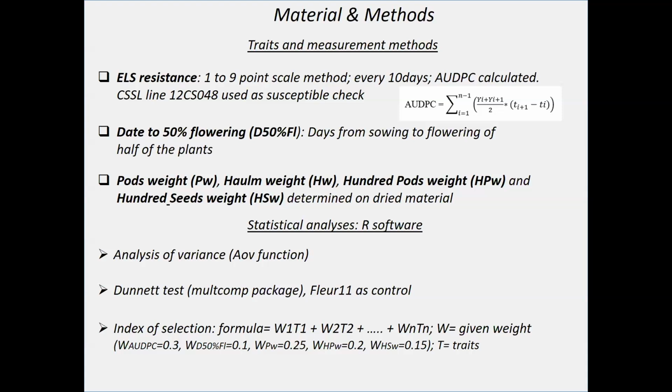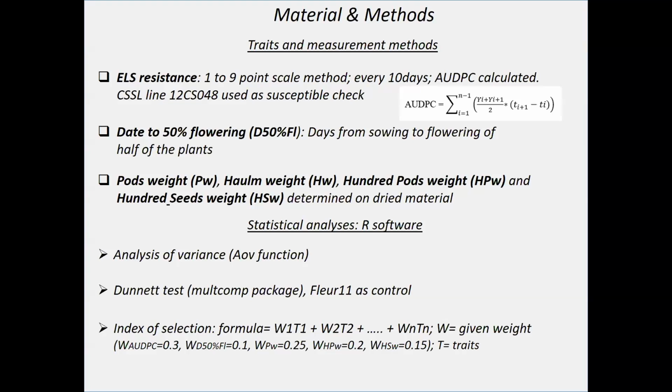Another parameter collected was days to 50% flowering, by counting the number of days from sowing to flowering of half of the plants on an elementary plot. We also assessed pod weight, haulm weight, 100 pod and 100 seed weight on post-harvest dry material.